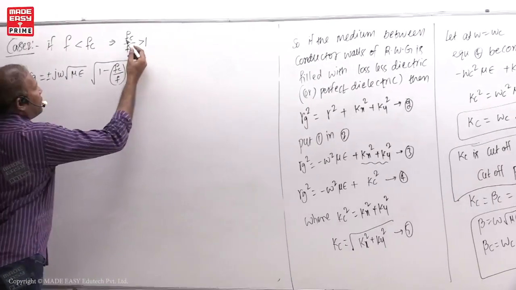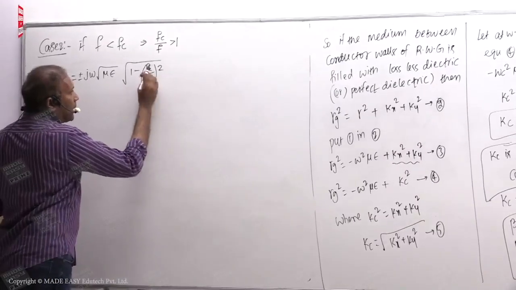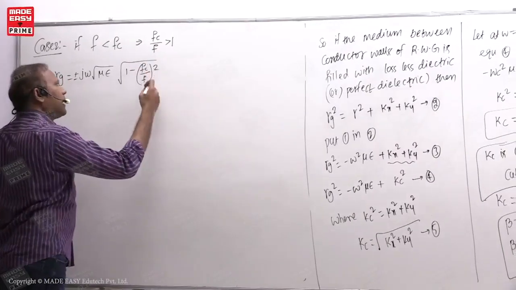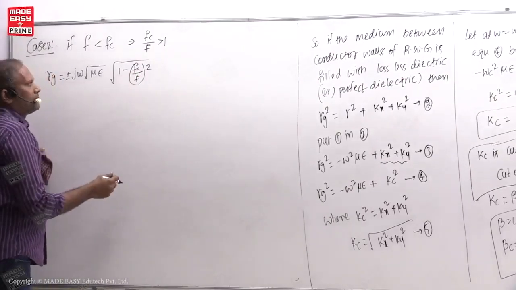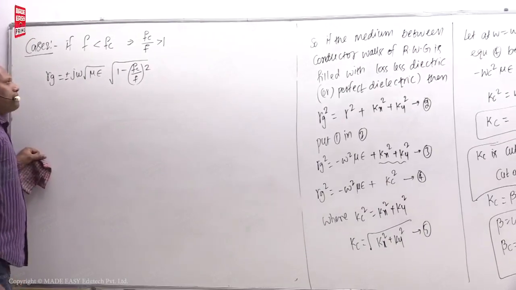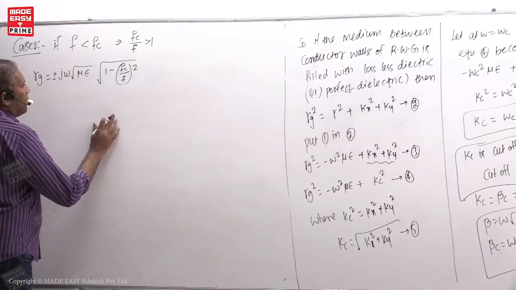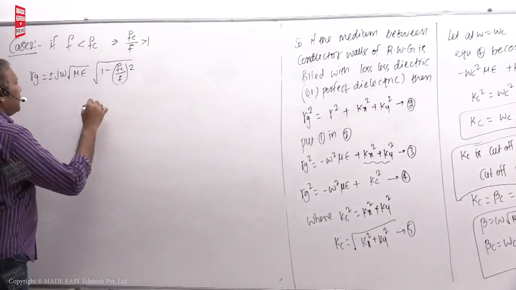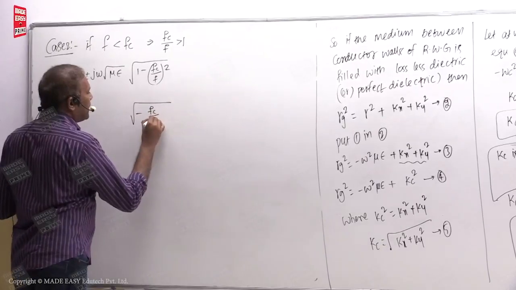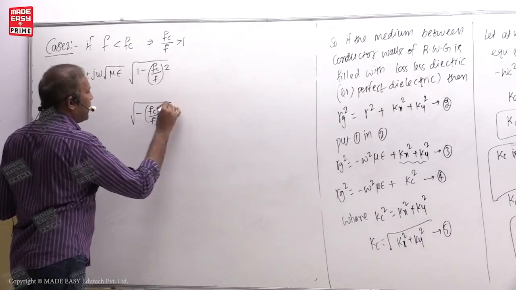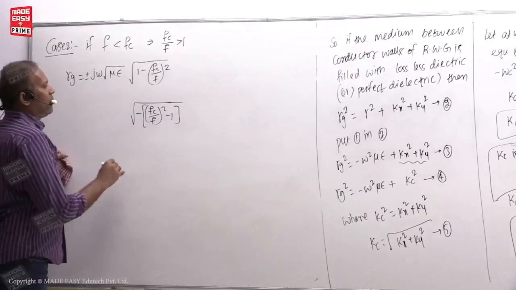So fc by f value is greater than 1, then its square is again greater than 1. 1 minus greater than 1 is negative. For that, what do I do? I will write this like this: minus of (fc by f) whole square minus 1. So it is correct now.